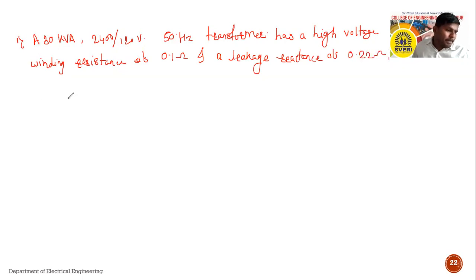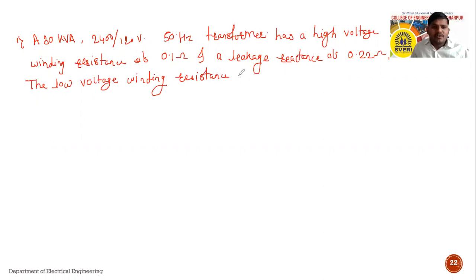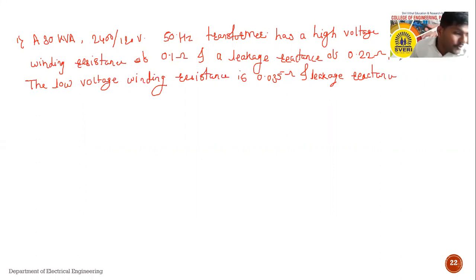The low voltage winding resistance is 0.035 ohm, and the leakage reactance is 0.12 ohm.